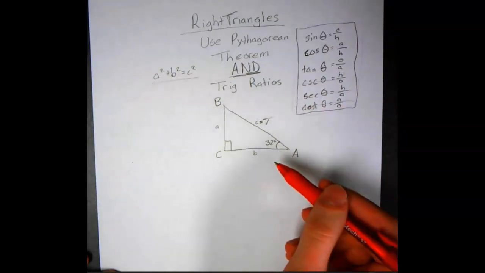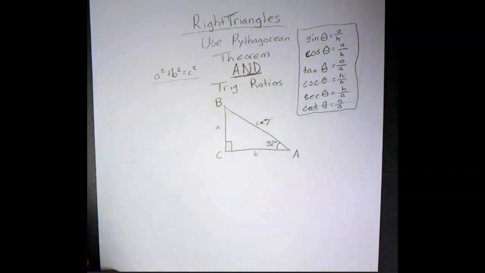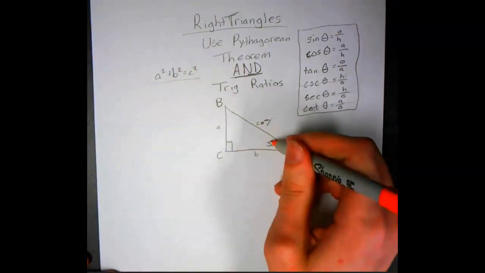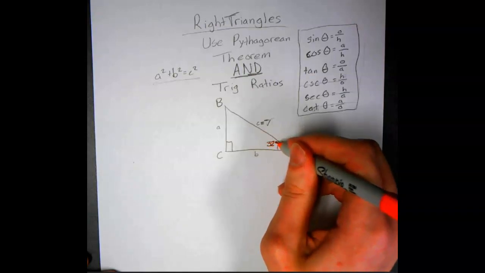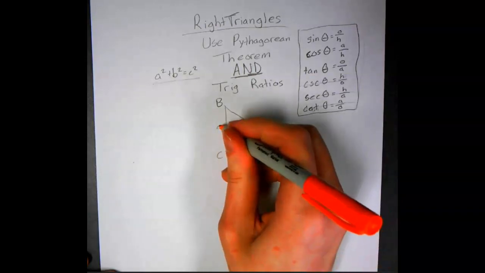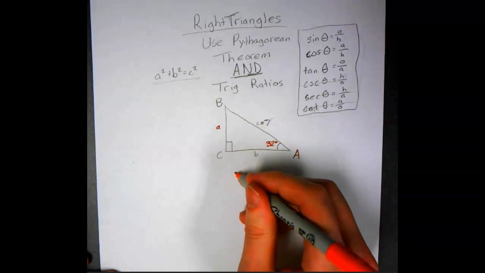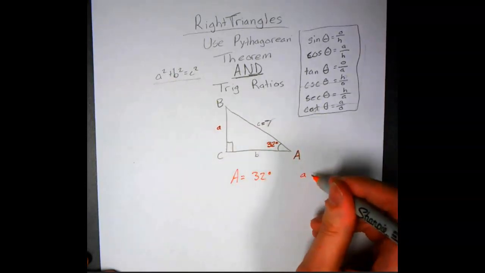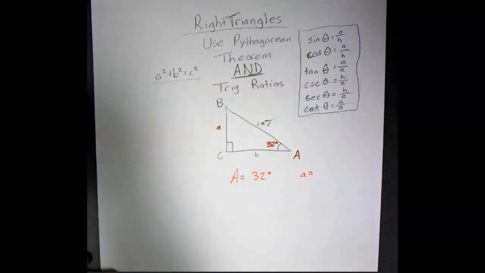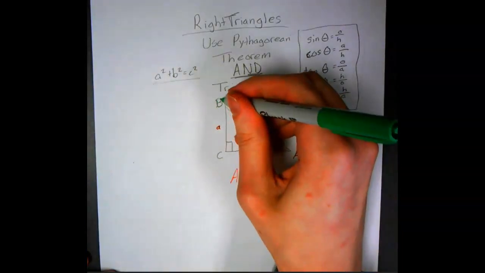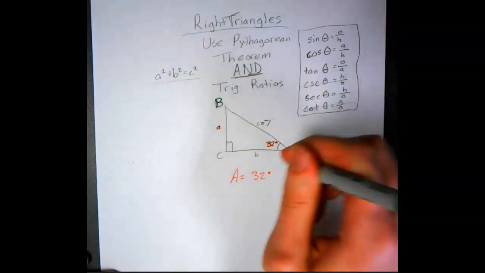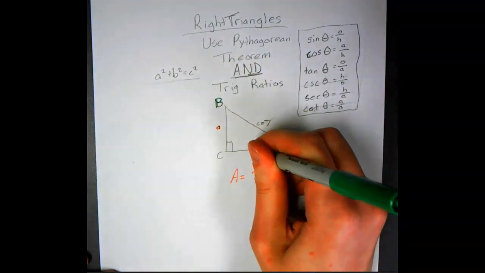So for this triangle, we have A is 32 degrees, which means little a, we don't know. So A equals 32 degrees. Little a, we don't know. B, we also don't know yet for either of these.